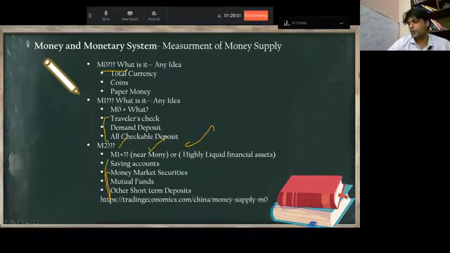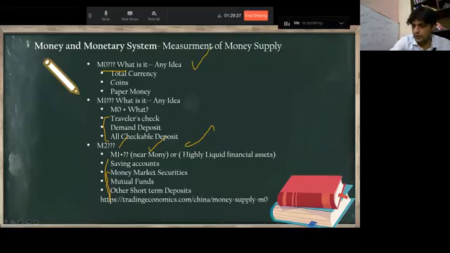So M2 includes M1 with near money, and near money means savings deposits, money market securities, all the money market securities which we have studied just a bit before, mutual funds and other short-term deposits. So whenever you are talking about money supply, you can take M0 as a money supply.